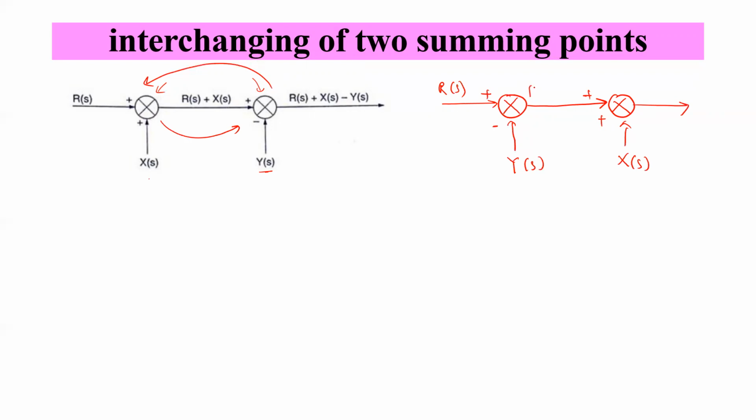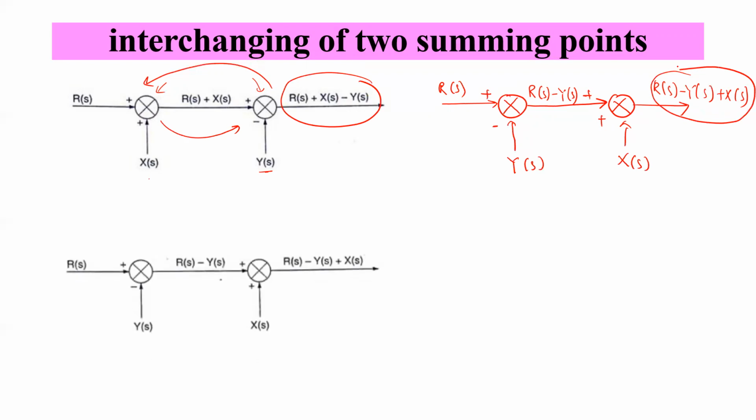So here the output at this end is Rs minus Ys, and when it is added with this one, we get Rs minus Ys plus Xs, right? So you can see while interchanging, the response remained the same. So this is how it will become. You have simply changed the order, and the response does not change. Response should not change. Okay, fine.